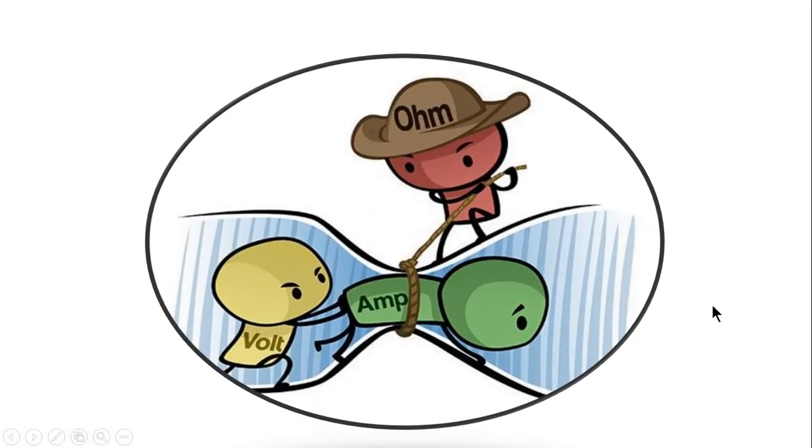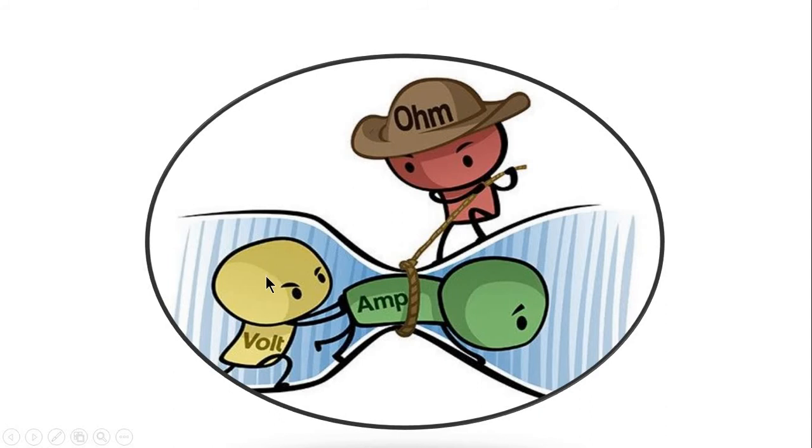Here you can see one picture. It's a real world scenario we can consider. Let's suppose there is a resistance through which some current is flowing. These are the units for the quantities: voltage is denoted by volts, current by amperes, and resistance by ohms.